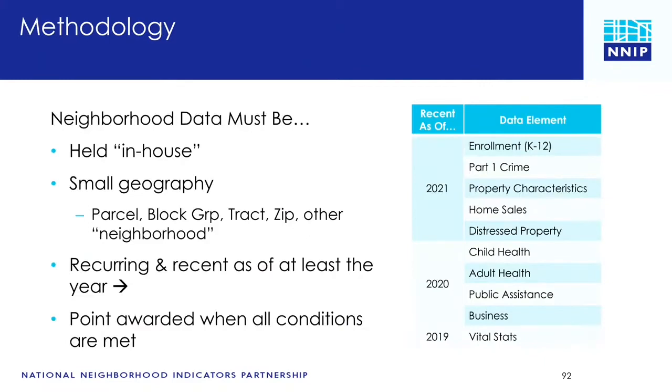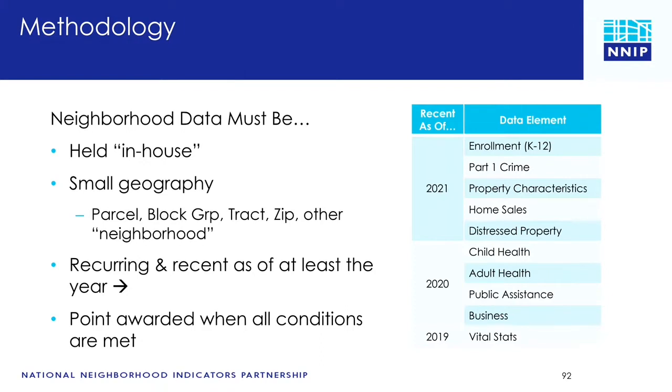So this goes into the methodology in a little bit more detail. The data that partners report have to be in-house, small geography, which can include zip codes, schools for those school level data, different geographies, and then also recurring and based on recent years.